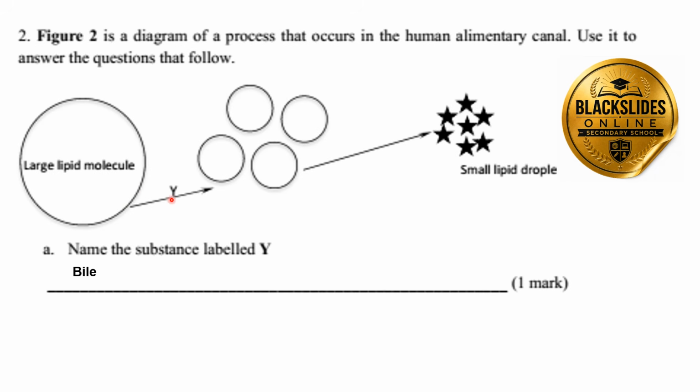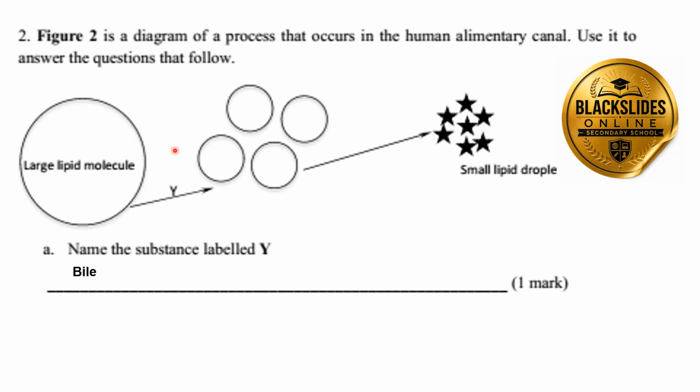So when bile, Y, mixes with large fat molecules, it breaks them up mechanically, physically, into thousands of tiny little droplets, as shown here. This is a process called emulsification.